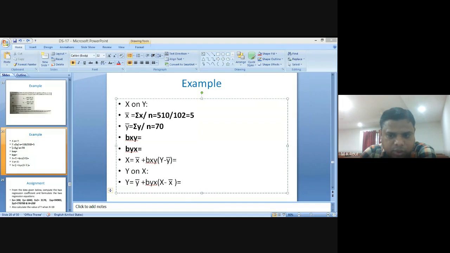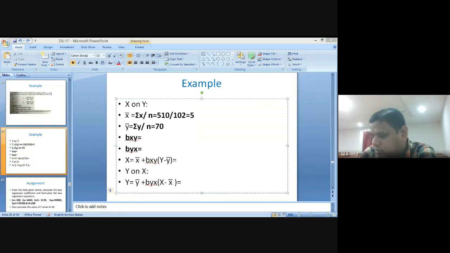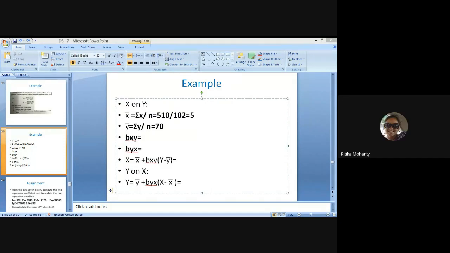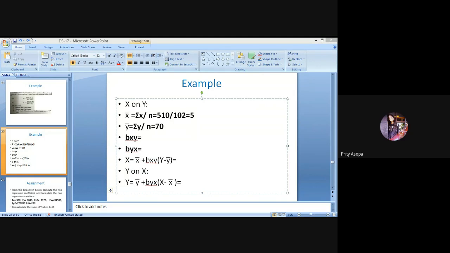Yes, Priyadarshi. So 2.1, sir, bxy. No. Better you take it as an assignment. Okay, the answer is 0.08. That is 0.079, which is 0.08. Yes.